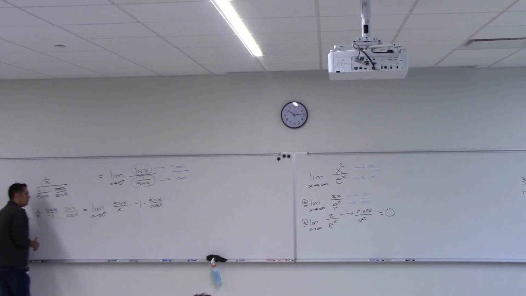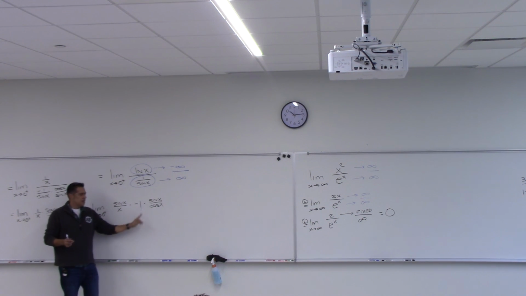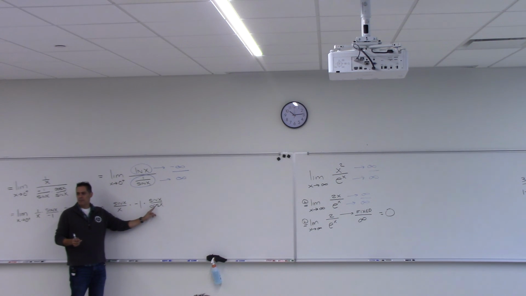Now the reason I shuffled it like that is because I recognize this. This is going to be 1. I either remember that from the formula we memorized, or I can do a L'Hopital on that, couldn't I? Like that's 0 over 0. I could do a L'Hopital on this, and that would become a 1. This is negative 1. Is this a problem? What do you get on top?